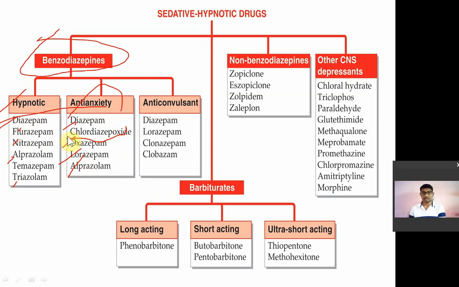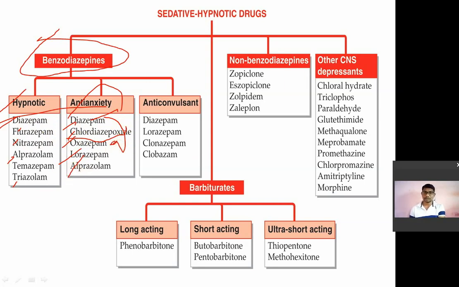After metabolism, chlordiazepoxide is converted into diazepam, and diazepam itself is converted into oxazepam. I will explain it later on.